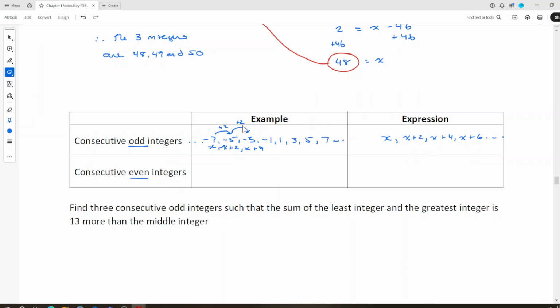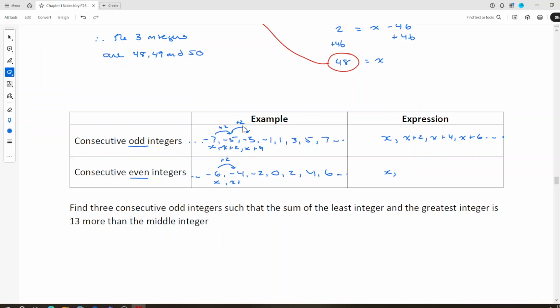What if they were consecutive even integers? So like -6, -4, -2, 0, 2, 4, 6. Again, if I let the first integer be x, to get to the next integer, following the format above, what would you do? Well, you're adding 2.